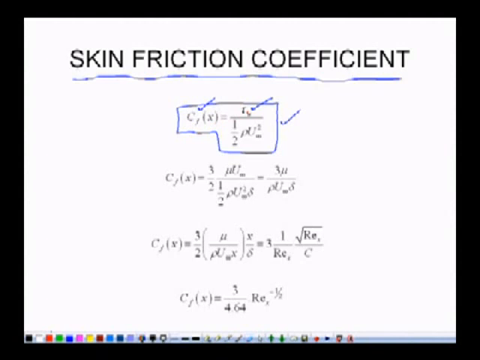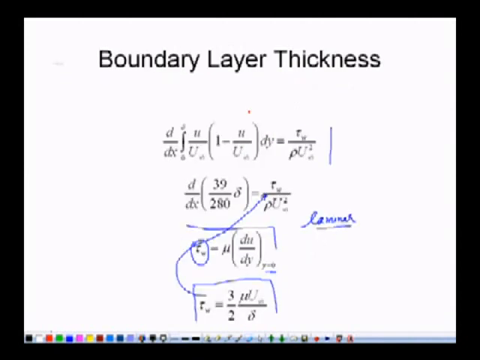So instead of directly calculating tau w, we are going to calculate Cfx, local skin friction coefficient, which is defined as tau w divided by 1 over 2 rho u infinity square. Our aim is to find out tau w basically. If we multiply tau w by area, we will get drag. This is a dimensionless number. So we have calculated tau w, right? So substitute that tau w, which is equal to 3 by 2 mu u infinity divided by delta.